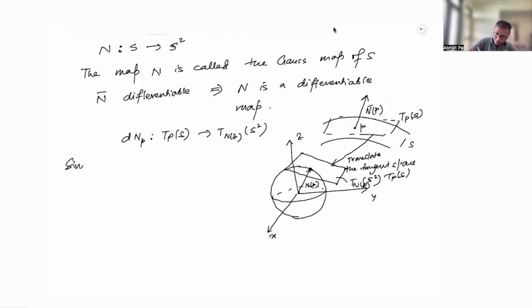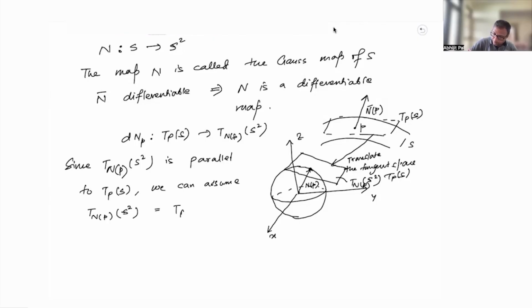So since T NP S2 is parallel to TPS, we can assume T NP S2 to be equal to TPS.